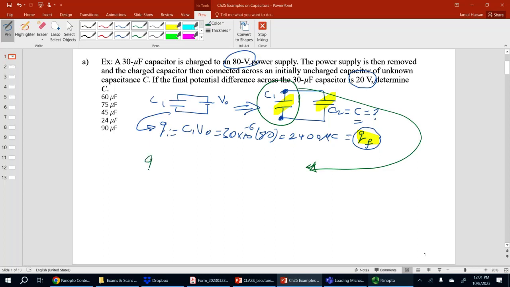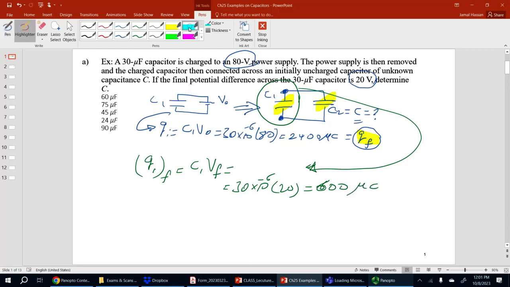So Q1 final is equal to C1 V final. That's equal to C1 is 30 micro, so 10 to the power minus 6, and V is equal to 20. So the answer, again keeping it as micro, is 600 microcoulomb.